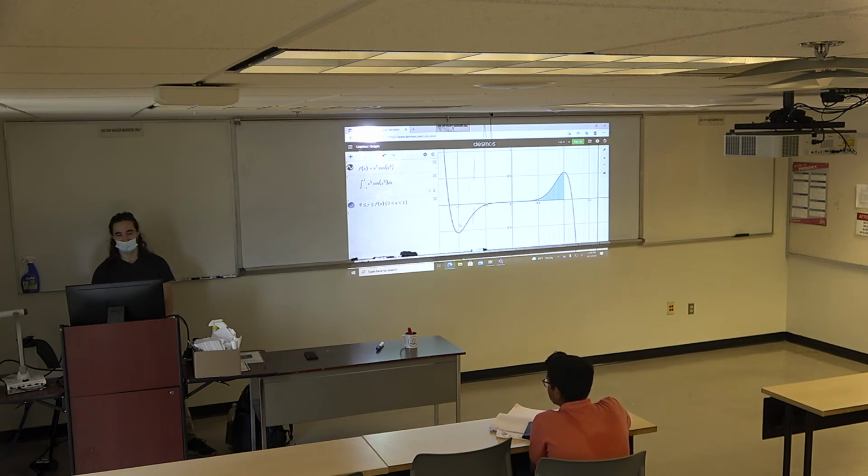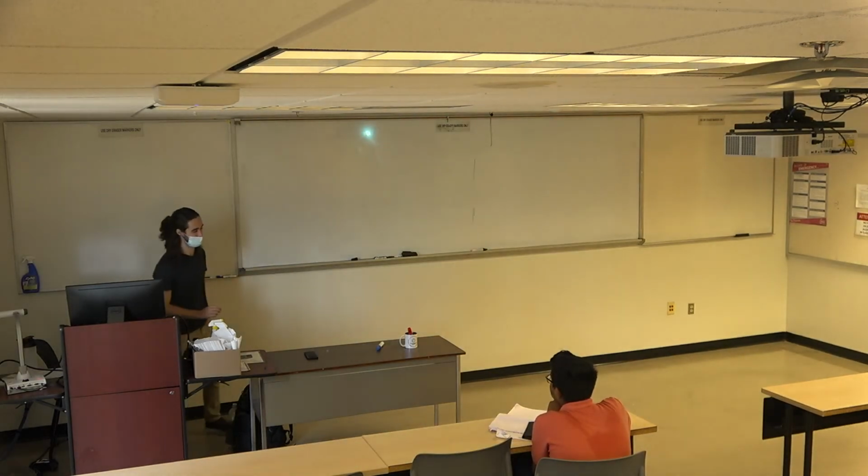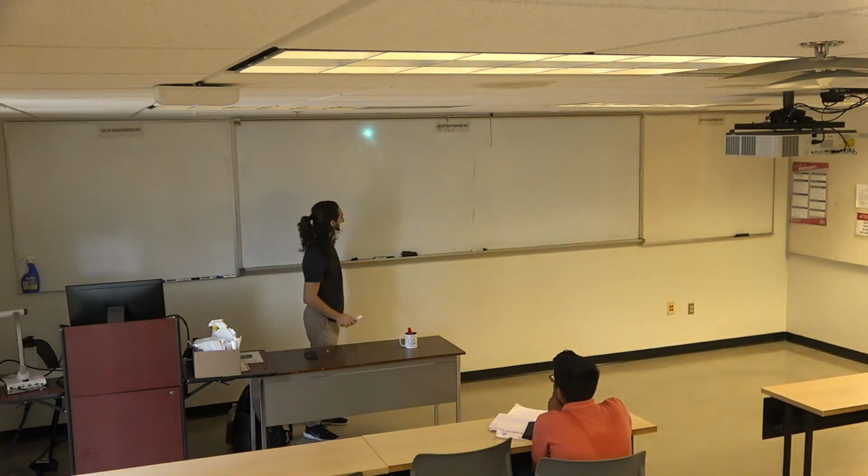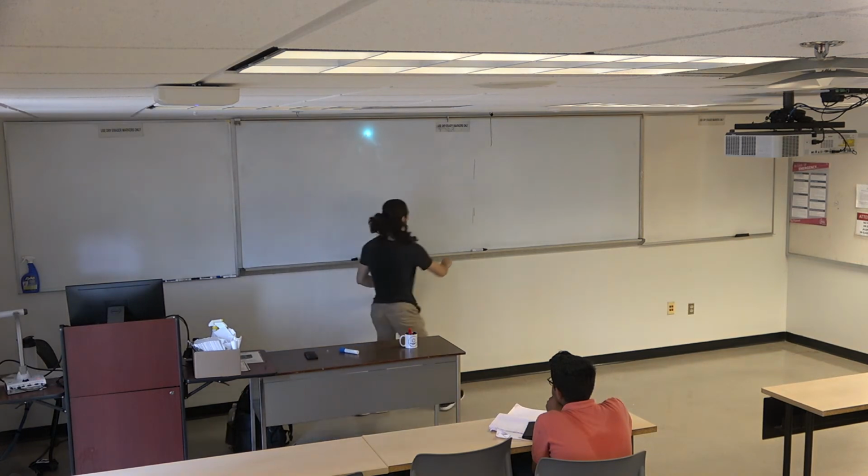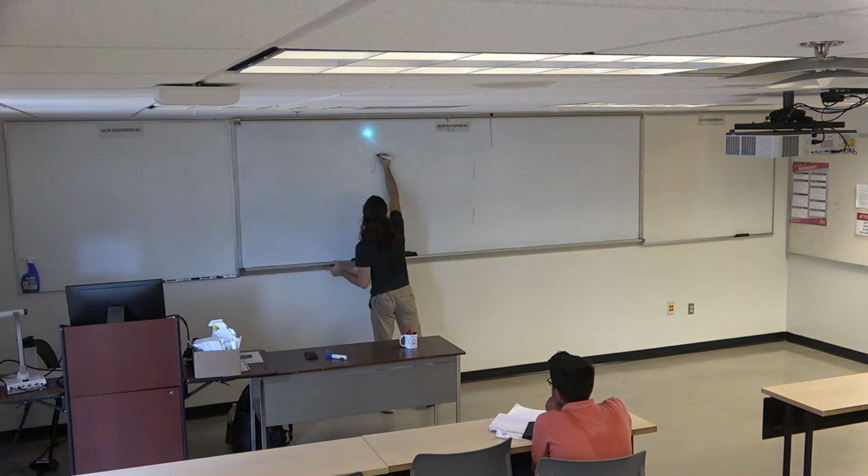So that's one way to do it, if you know that it's an odd function like that. But you also can do it without doing that. There's also a way to do this one the other way.